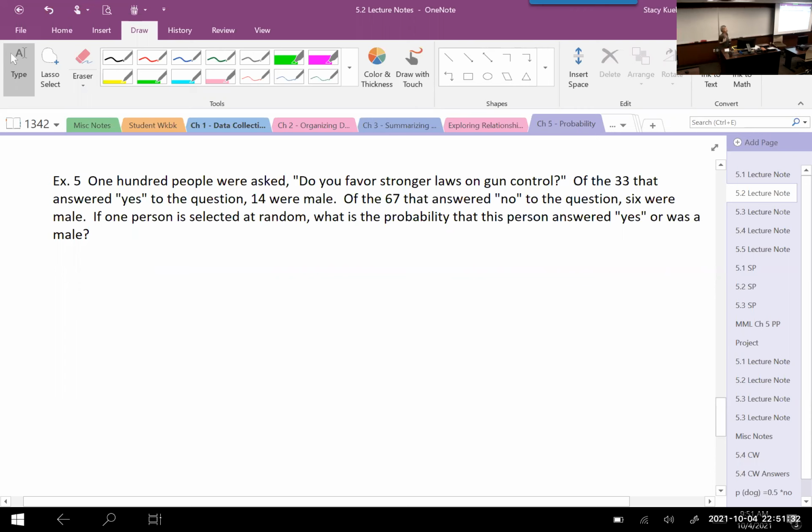And what's the other category that I have? Gender. So I have gun control and I have gender. So I'm gonna make this table. We're gonna say gun control answers for yes and no, and male and female.